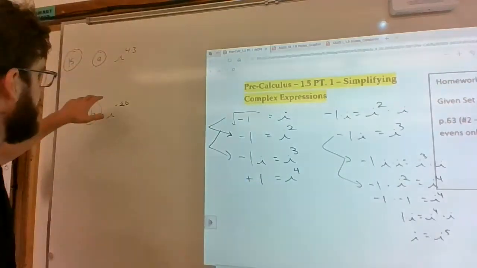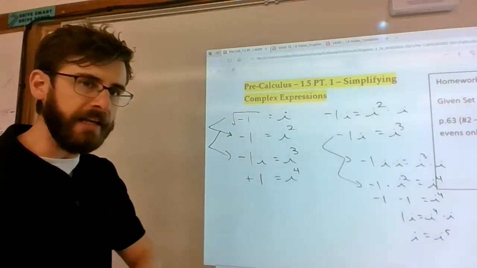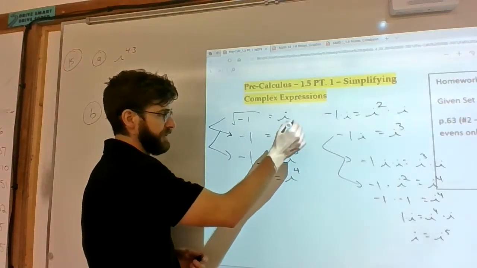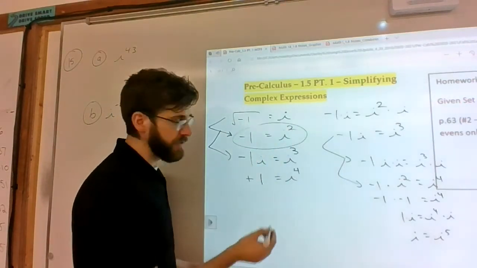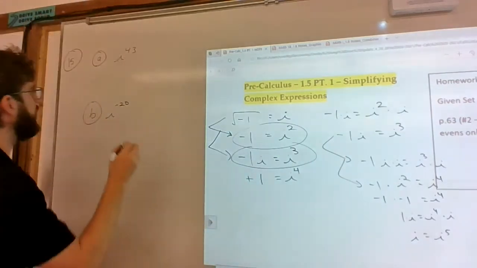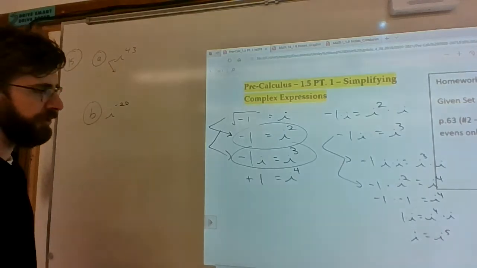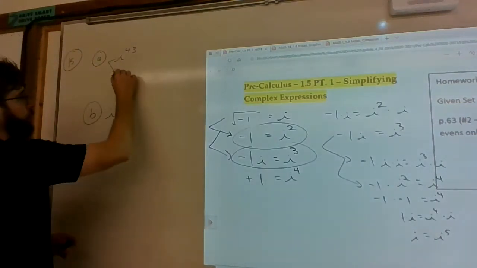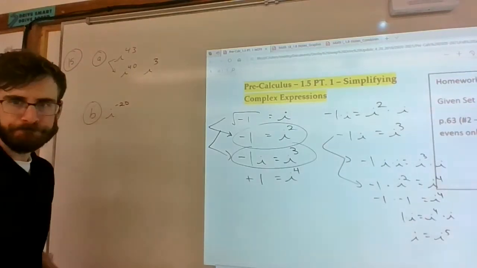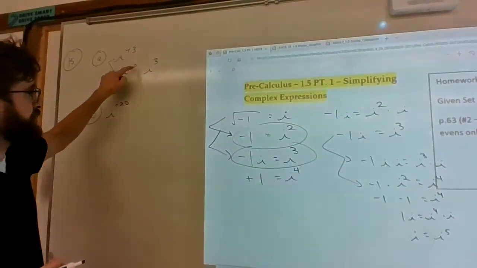If you're given something like i to the 43rd power, what you can do is rewrite it in terms of i squareds or i cubes. Let me just show you what I mean by that. i to the 43rd could be rewritten as i to the 40th times i to the 3rd, because 43 is just 40 plus 3.